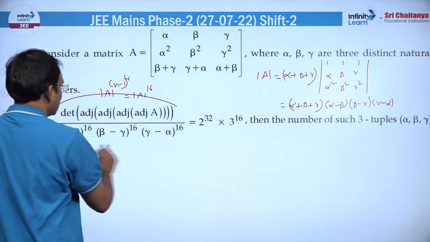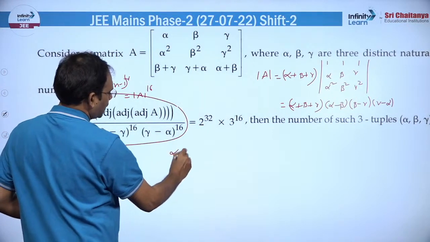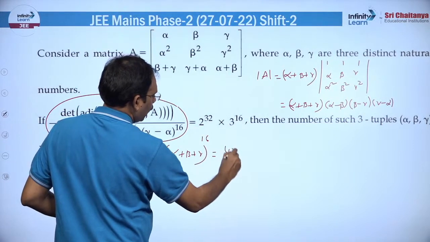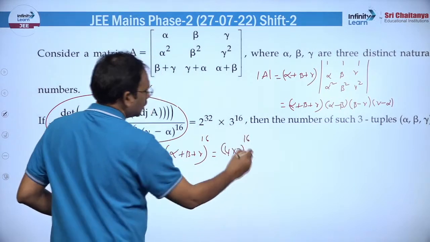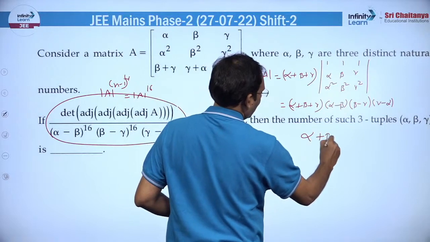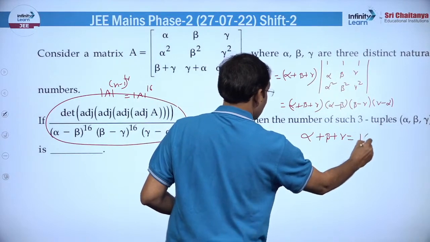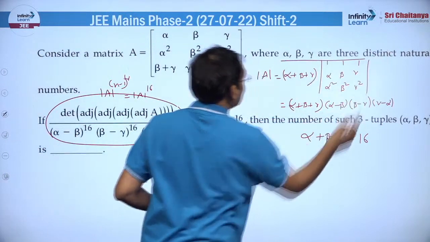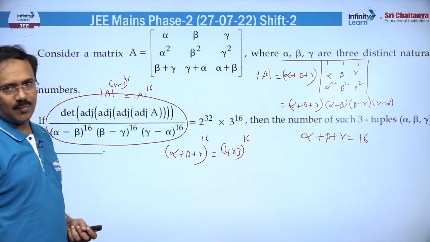So this part is nothing but alpha plus beta plus gamma power 16 is equal to 4 into 3 power 16. So you want alpha plus beta plus gamma must be plus or minus 16, but he said alpha, beta, gamma are 3 distinct natural numbers.